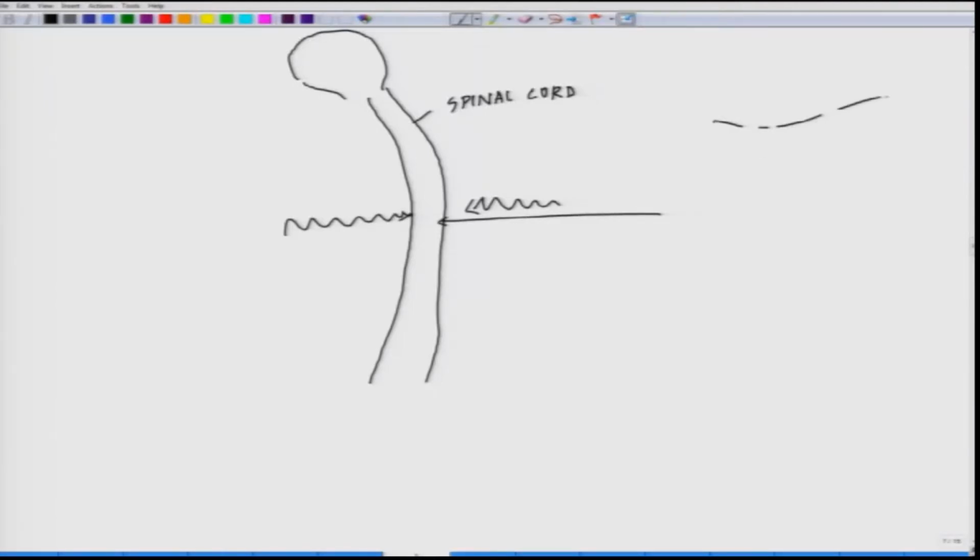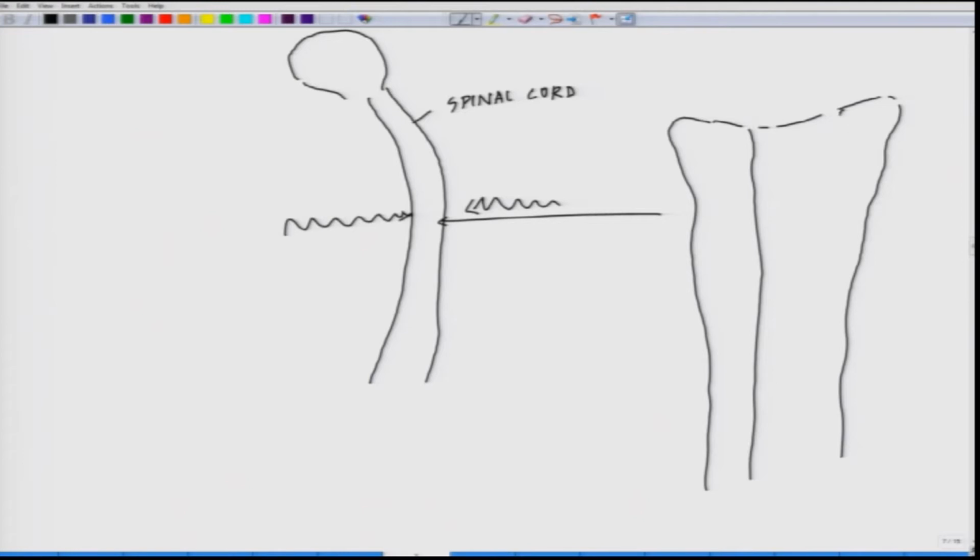Essentially, if you look at a dissected view of the spinal cord, this is the part of the spinal cord, this is the ventral horn, and this is the central canal.